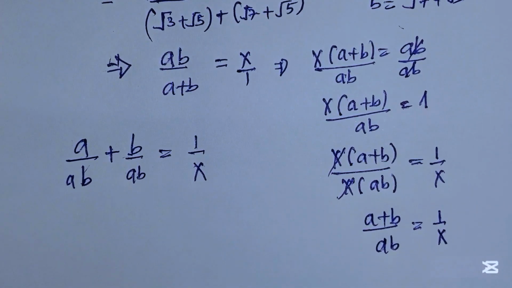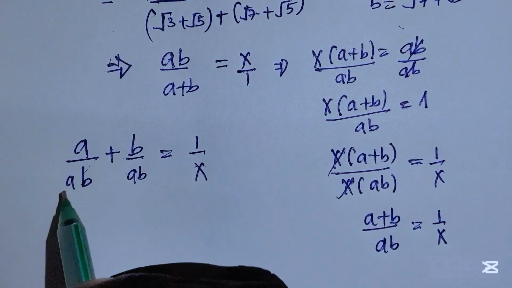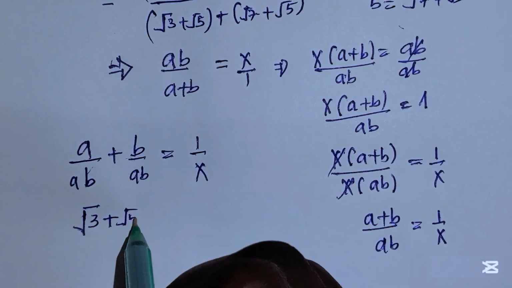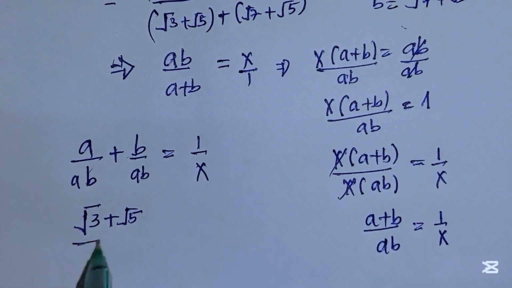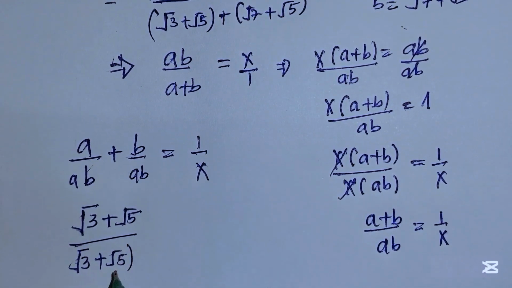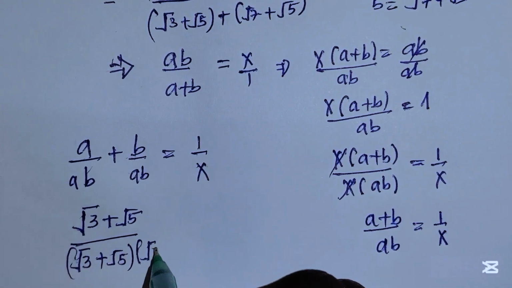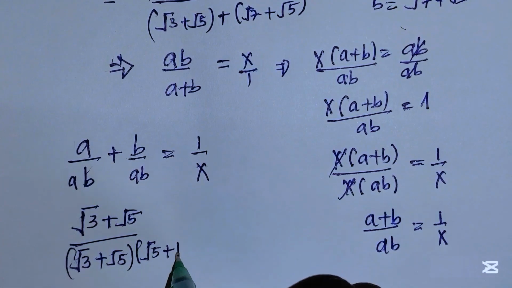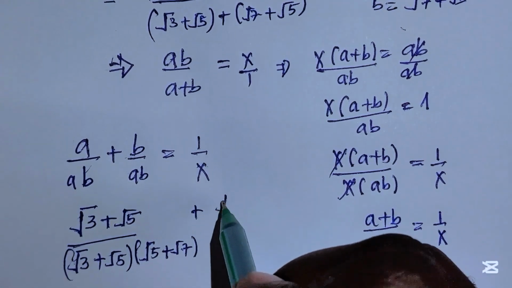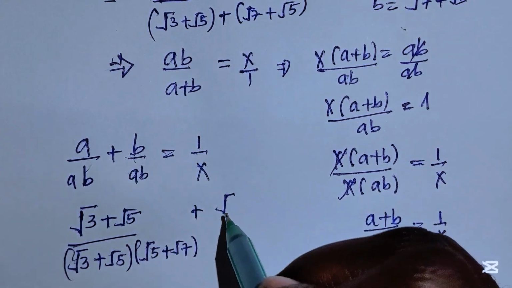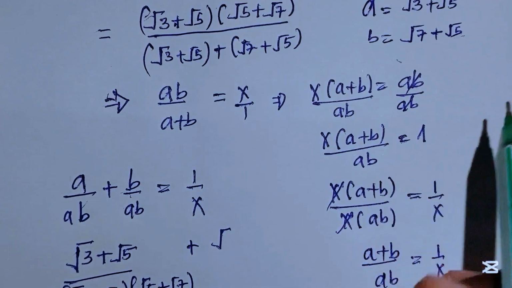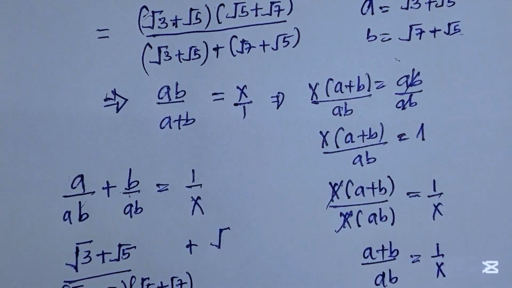Then don't forget that our A is equal to this and our B is equal to this one. Then A is equal to square root of 3 plus square root of 5 over square root of 3 plus square root of 5 times square root of 5 plus square root of 7, then plus B, which is equal to square root of 7 plus square root of 5, or square root of 5 plus square root of 7.